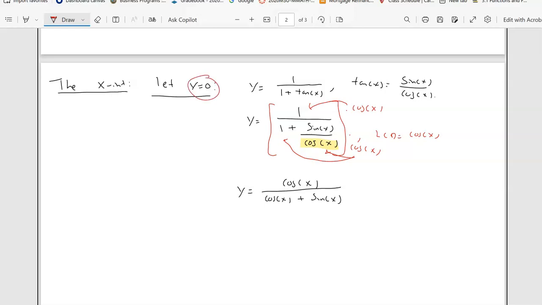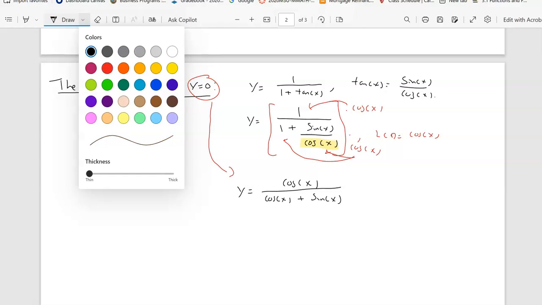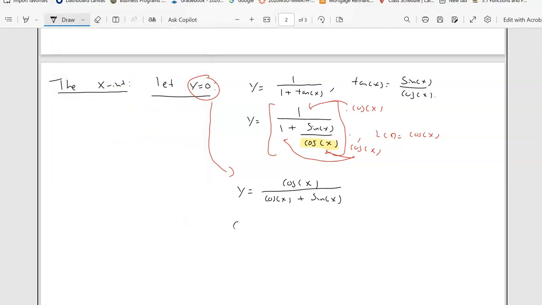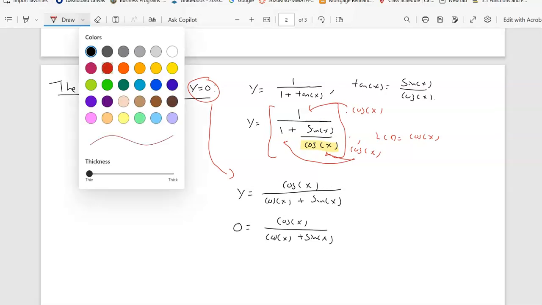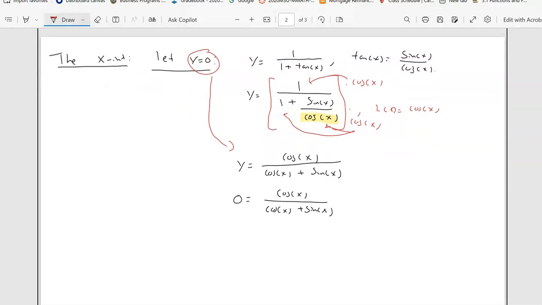Once you plug in the values of 0, so we're going to end up with technically 0 is equal to the values of cosine of x over the values of cosine of x plus sine of x. And then as you simplify to obtain the LCD, we're going to have that this is the cosine of x plus the sine of x.